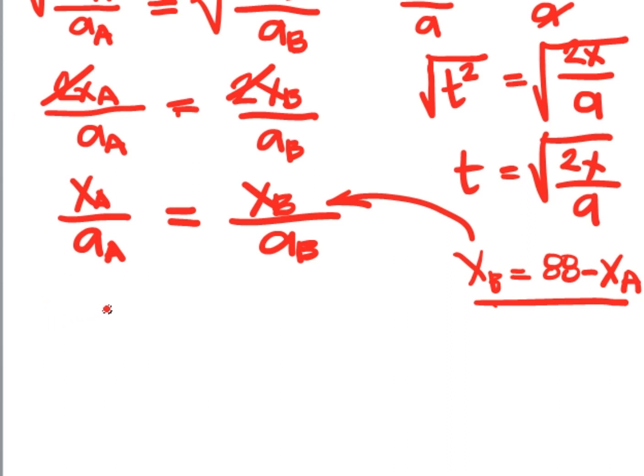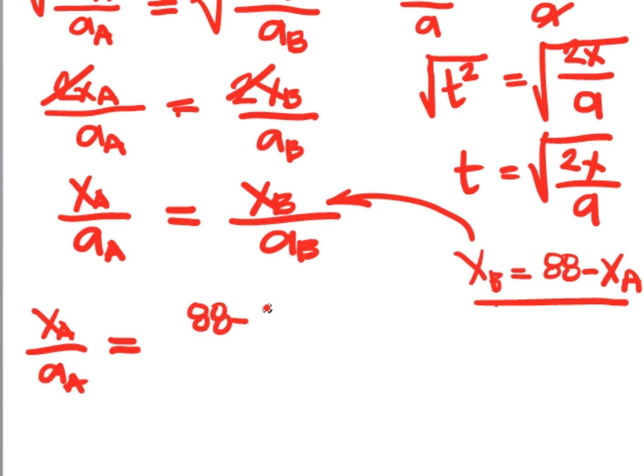So let us substitute x sub B. We'll have an equation x sub A all over acceleration of car A equal now to x sub B, which is 88 minus x sub A, all over the acceleration of B. Okay, so we have now the equation x sub A over a sub A is equal to 88 minus x sub A over a sub B.